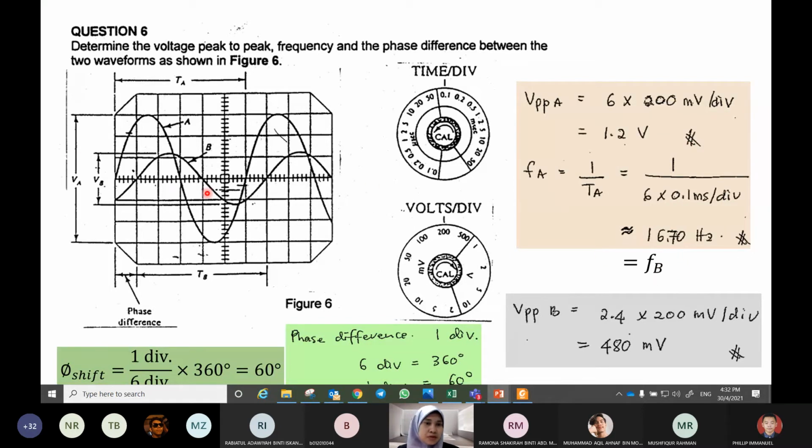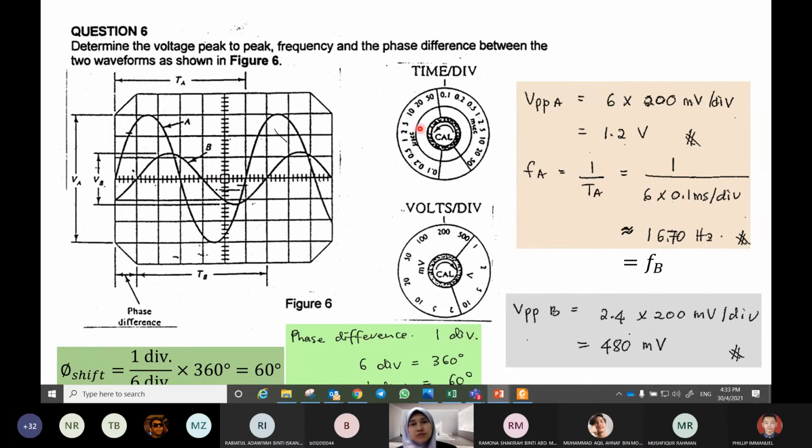How about B? A and B must have the same frequency, because we want to compare the phase difference. To confirm it, for B from here to here, 1, 2, 3, 4, 5, 6 divisions.